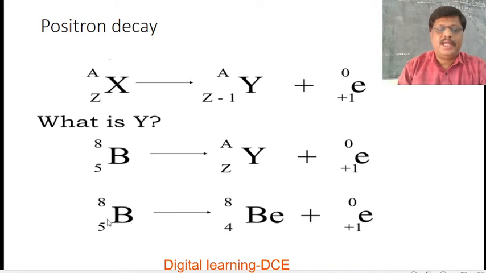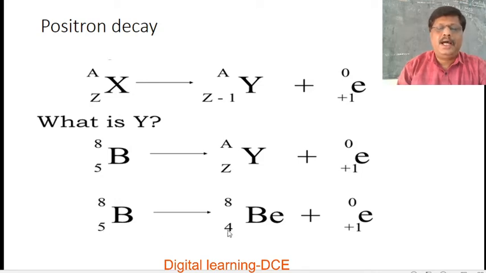In boron 8 with atomic number 5, the number of neutrons is 8 minus 5. The number of neutrons is mass number minus atomic number, that is 3. For beryllium, 8 minus 4 is equal to 4, so the number of neutrons is 4.